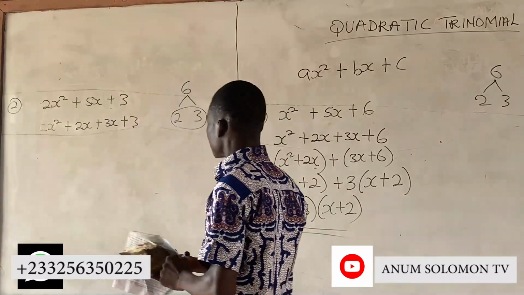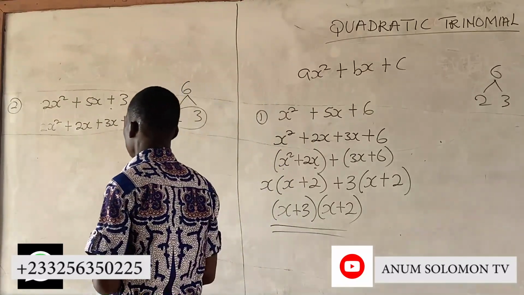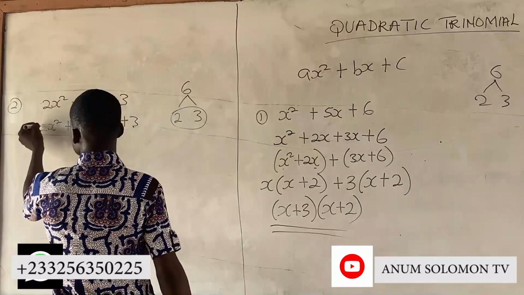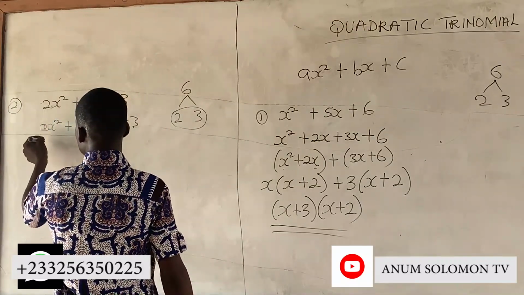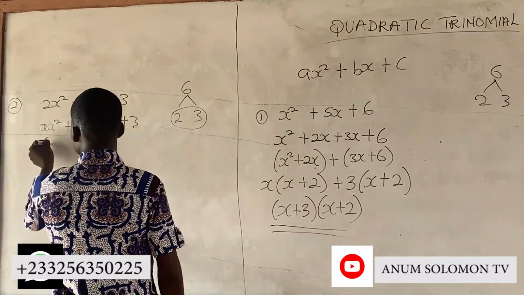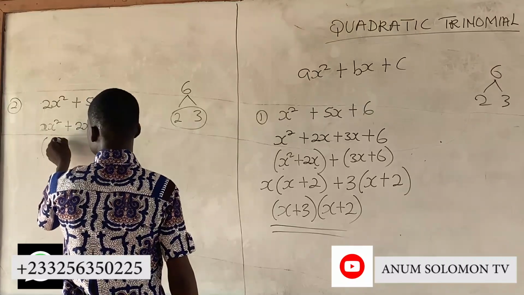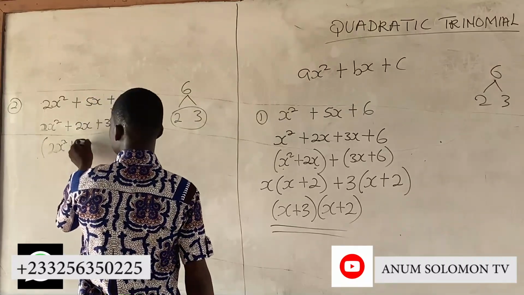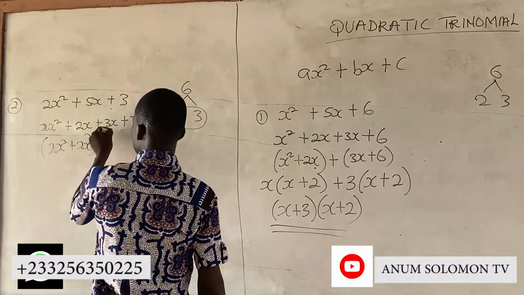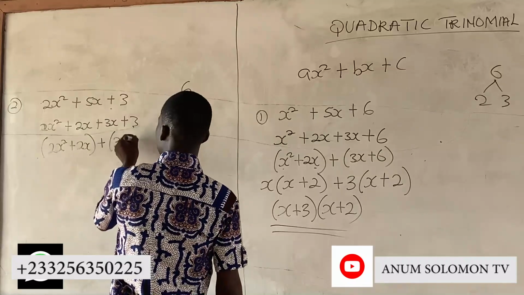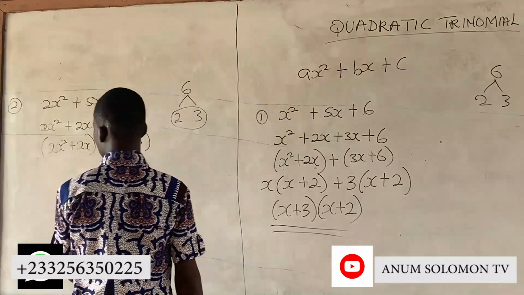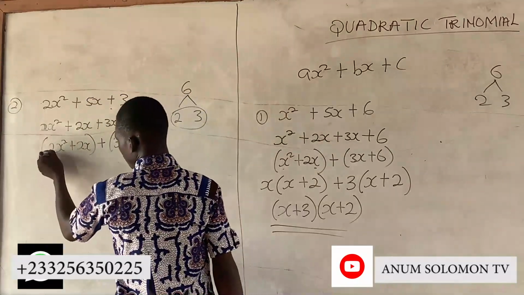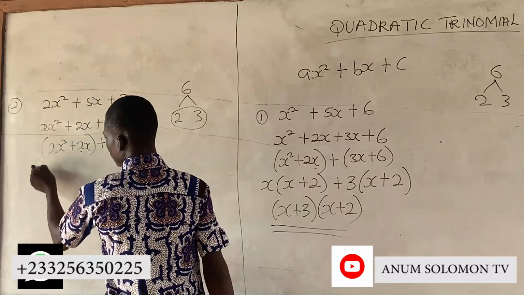On this note, let's group them. We have 2x squared plus 2x, and 3x plus 3. The common factor in the first bracket is 2x.